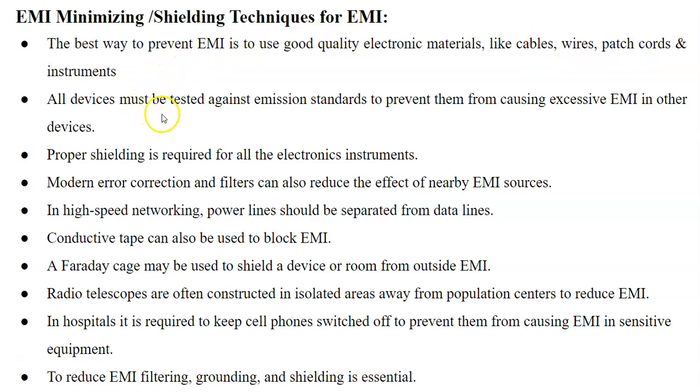All devices must be tested against emission standards to prevent them from causing excessive EMI in other devices. Proper shielding is required for all electronic instruments. Modern error correction and filters can also reduce the effect of nearby EMI sources. So a filter plays an important role in removing or minimizing electromagnetic interference.